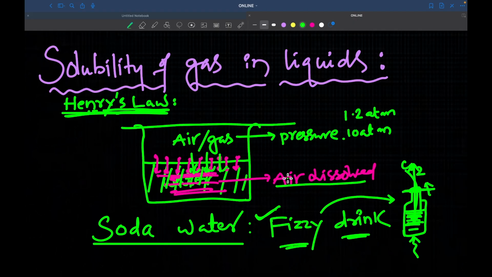Henry's law is nothing complicated, see. The amount of gas dissolved in a liquid is directly proportional to the partial pressure of the gas, right?